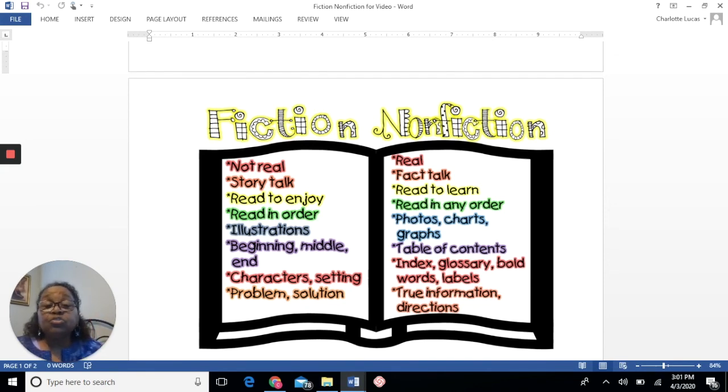A nonfiction story is a real story. It's all fact talk. You have an index sometimes, a glossary, bold letters, labels. Those are the types of things you find in a nonfiction story. So, Miss Lucas, you're saying there were a lot of facts in that story. In that story, there was a story about the characters, but all of the facts in there were true.